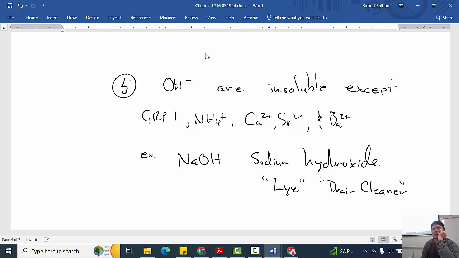If you go to the supermarket, you can buy sodium hydroxide. But it's marked poisonous. You don't want to eat it. Is sodium hydroxide soluble or insoluble? Soluble.